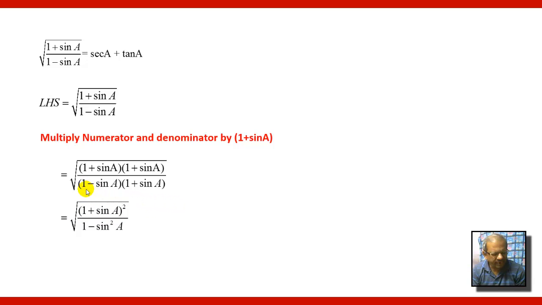In the denominator it is 1 minus sine A into another bracket 1 plus sine A. It is just like A minus B into A plus B, that is equal to A square minus B square.